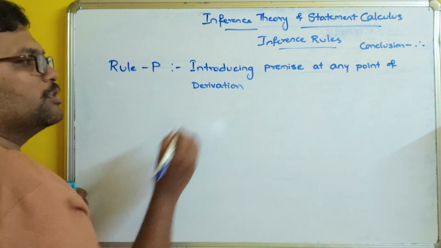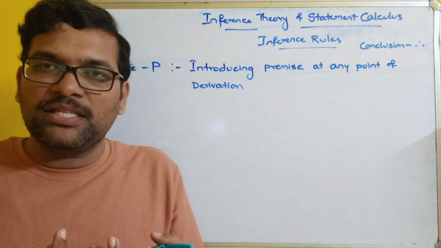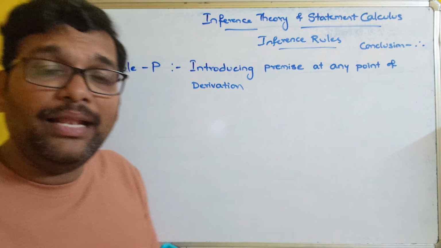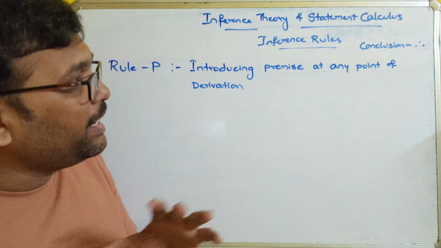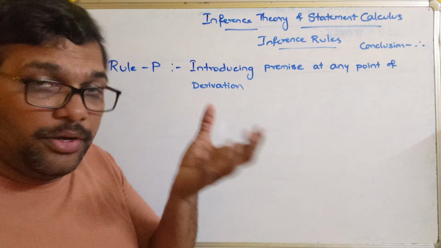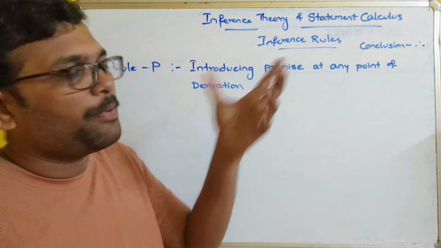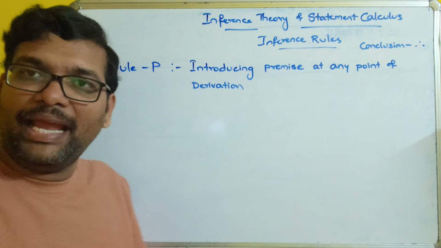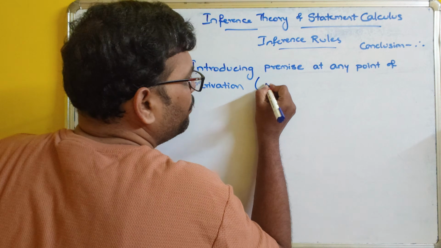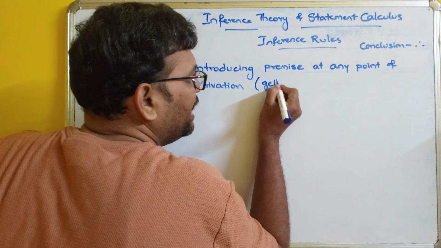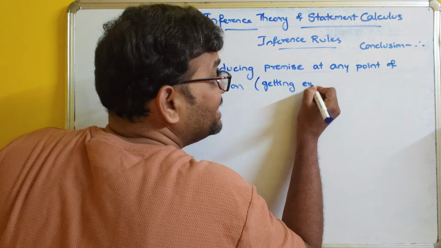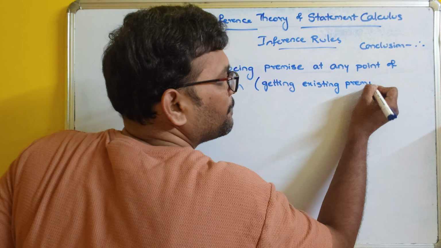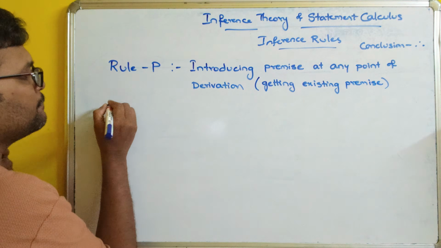We'll be given a few premises, and from those premises we are going to derive the conclusion. So at any point of time during the derivation, we can introduce the premises. That means we can directly get the existing premise. For better understanding, I am writing here: getting an existing premise, already available in the derivation.